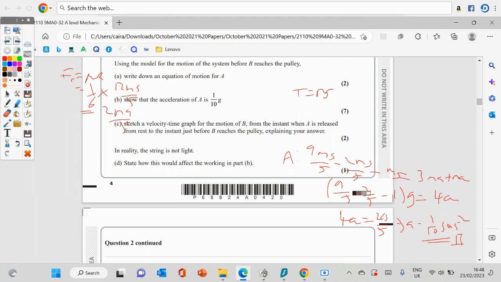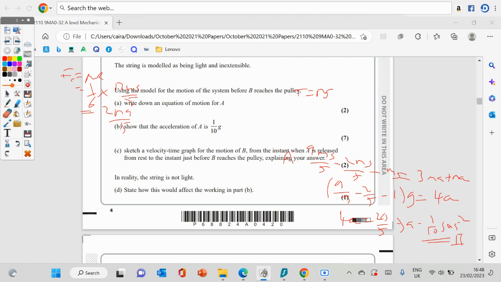Well, the acceleration of B is constant, so the graph, if you draw it with V and T, is a straight line because the acceleration of B is constant. That's all you want there.